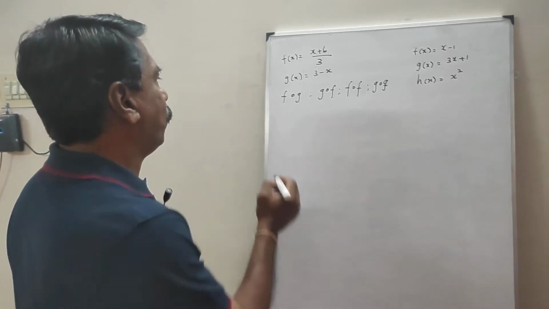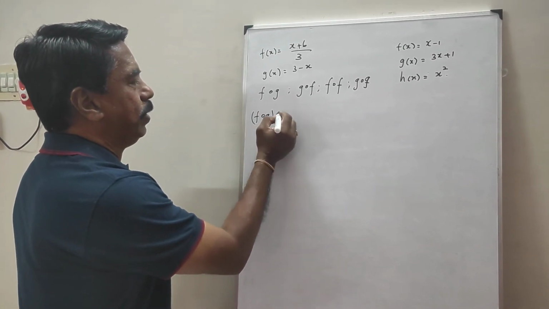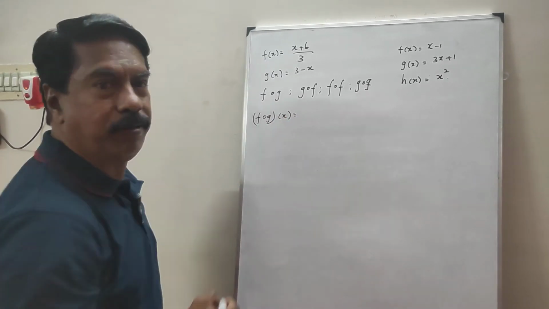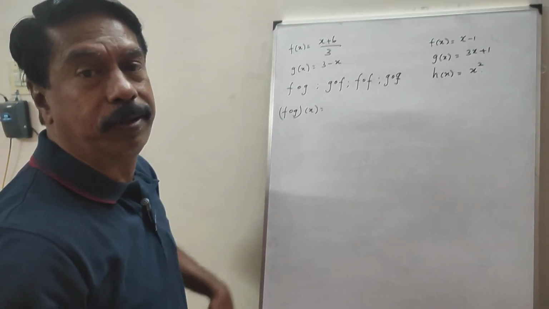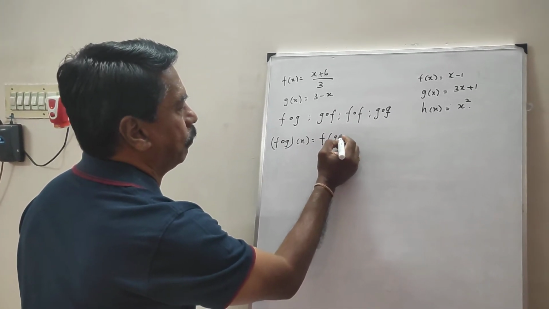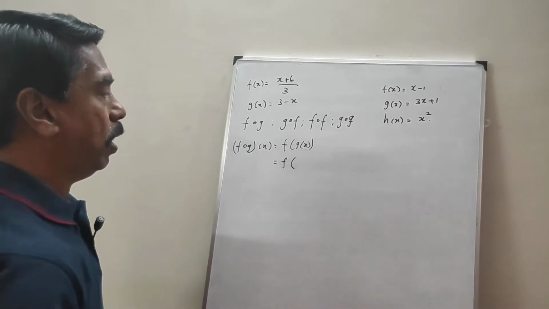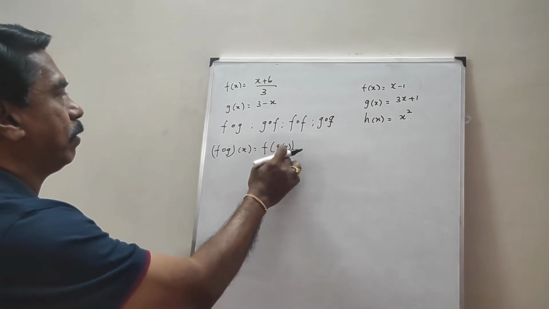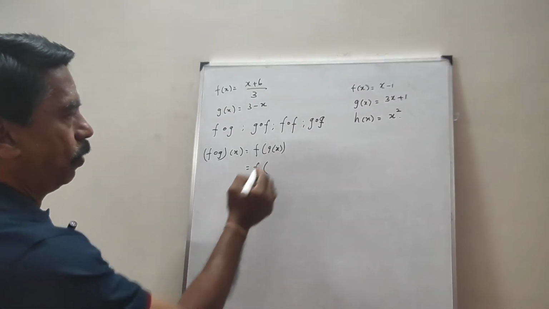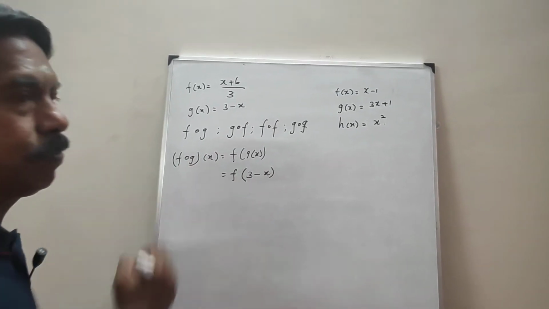Now, how to find the f dot g here? What is f of g of x, f dot g of x or f composite g of x? The first step is f of g of x. In this, for g of x, you write the answer. What is g of x, the function? It is 3 minus x.